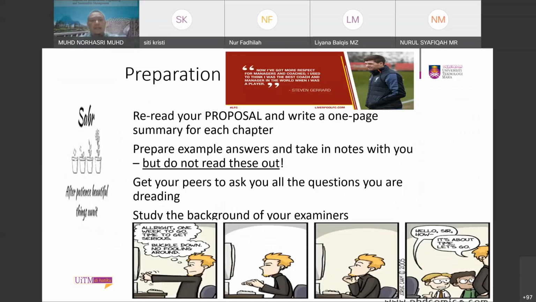Preparation. The thing that I always teach my students is please read, read, and read. In writing, there is no question mark. So if you read more, you will write more, and you will find that there is still a lot of information and knowledge that we are lacking, which we need to put in your research.